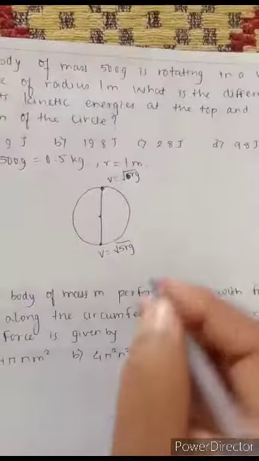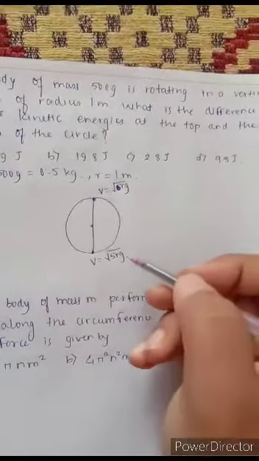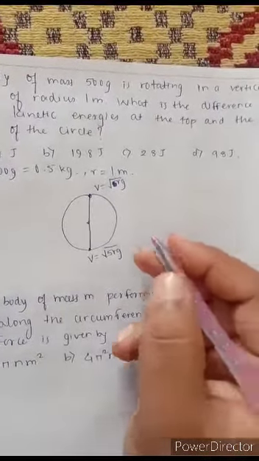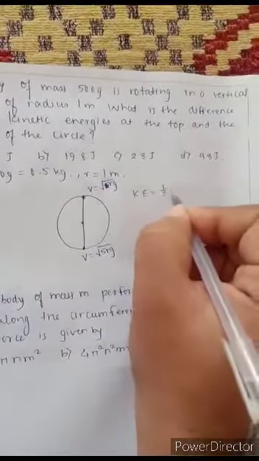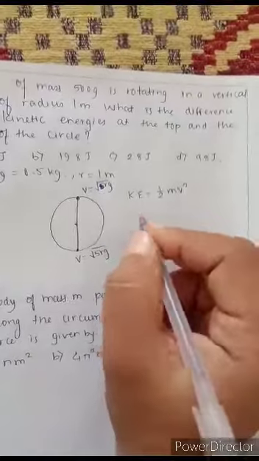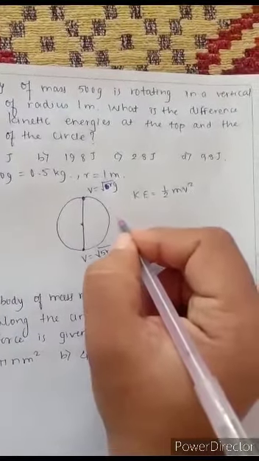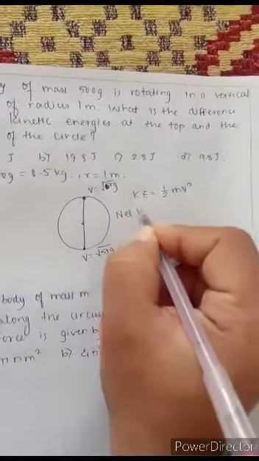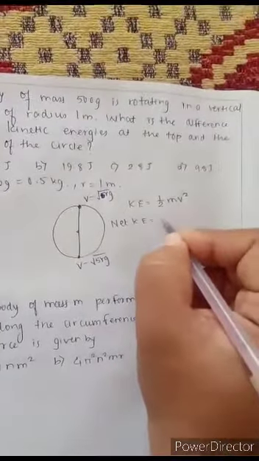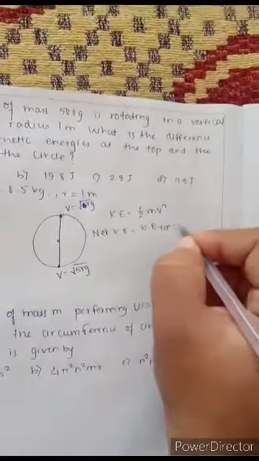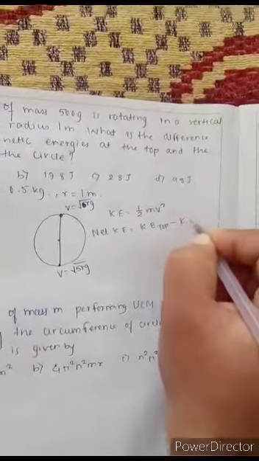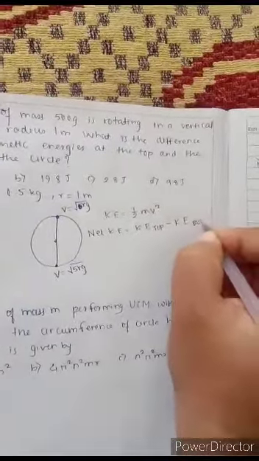So using these values, we are now going to determine the difference between kinetic energies. As we know, kinetic energy is given by half mv square, so net kinetic energy will be kinetic energy at top position minus kinetic energy at bottom position.